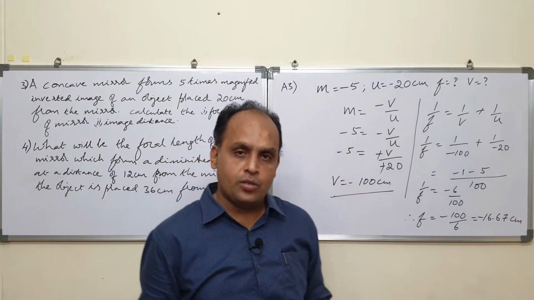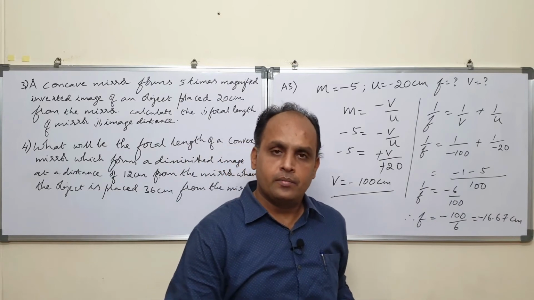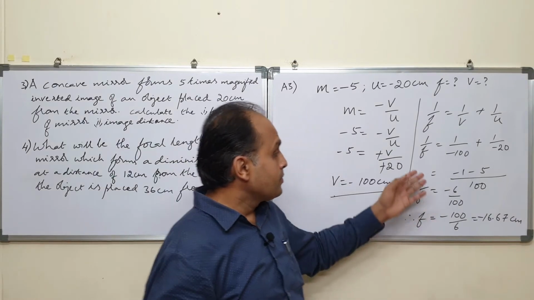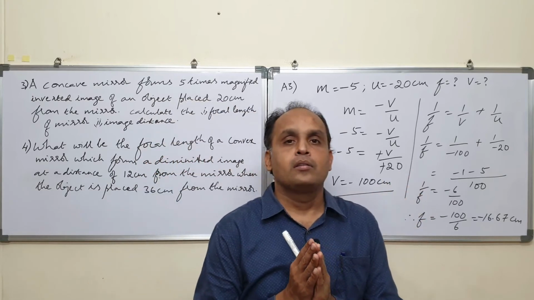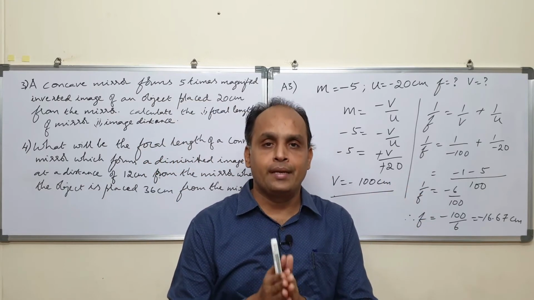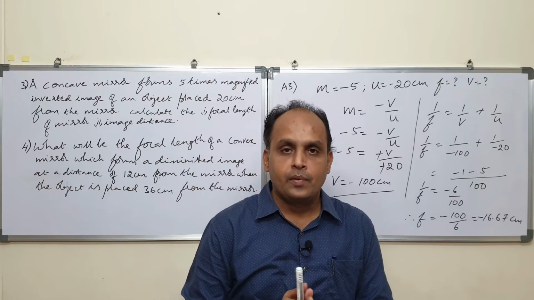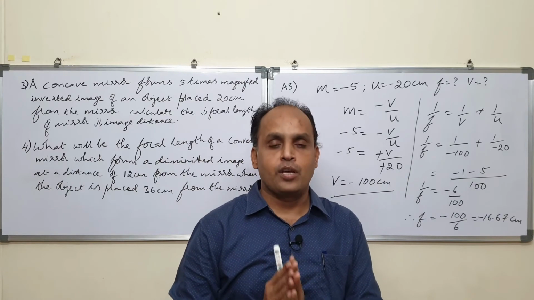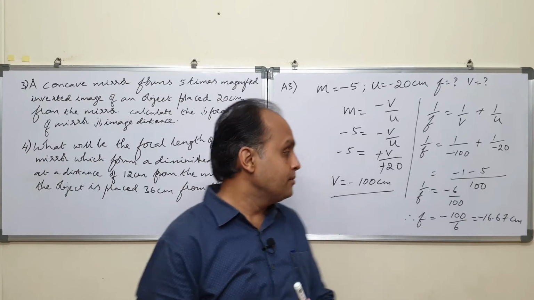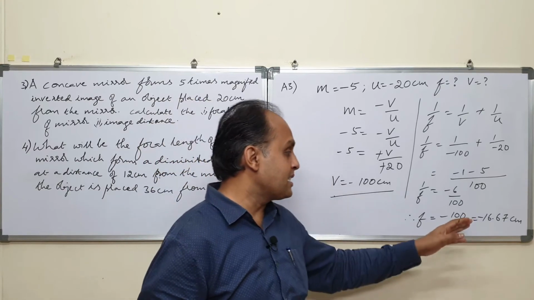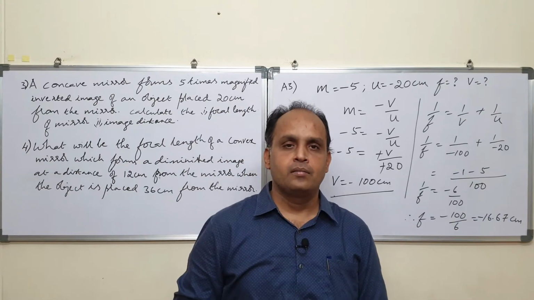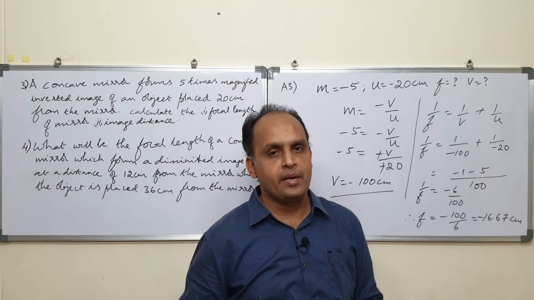We can also verify whether our sum is correct or wrong. We all know that if the image is real and inverted, it will be formed on the left. So image distance should be negative, which we got. And focal length, we got it as 16.67, approximately 17 centimeters if we take.